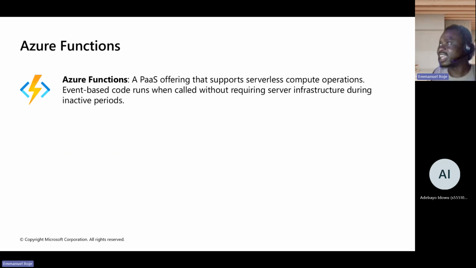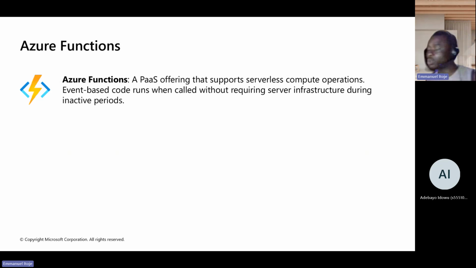So it's like you are calling a code to run. Until you call that code to run, the code is sleeping. That's how a function works. It is actually serverless computing in Azure. We call it serverless computing. You don't require servers for it to actually work.